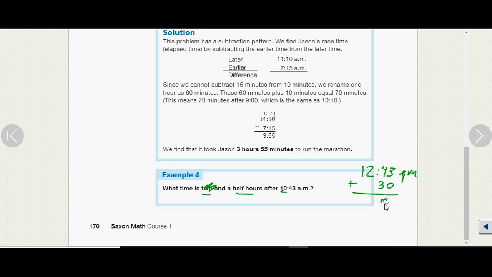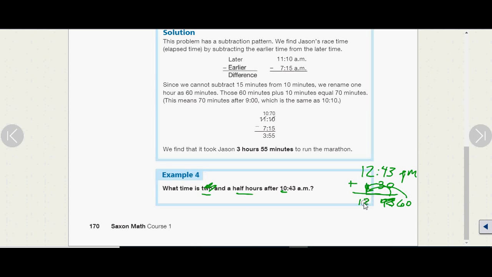You get 73 minutes, but we only show minutes in terms of 0 to 59. You don't show it over 60. So just like we borrowed into minutes so we could subtract, let's take from minutes into hours so we can properly show an answer. I take a full 60 anytime I borrow from the minutes side and pull it over to the hours.